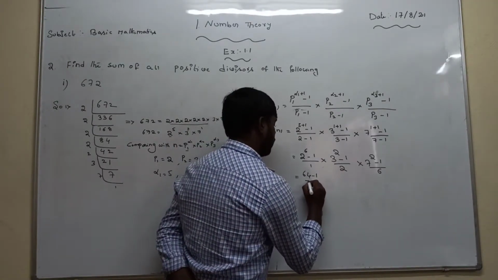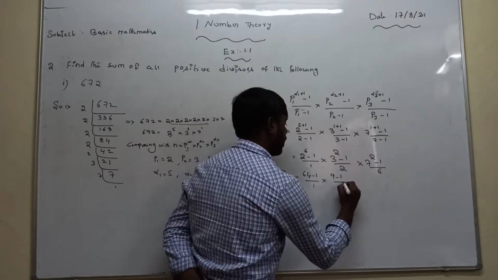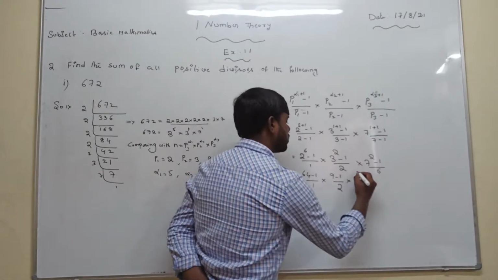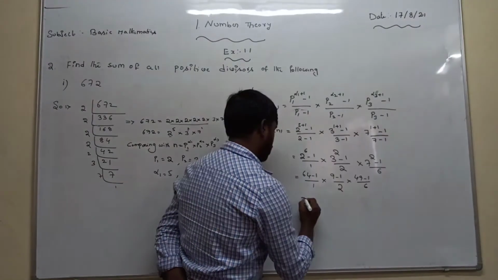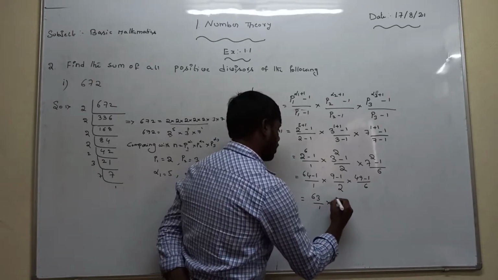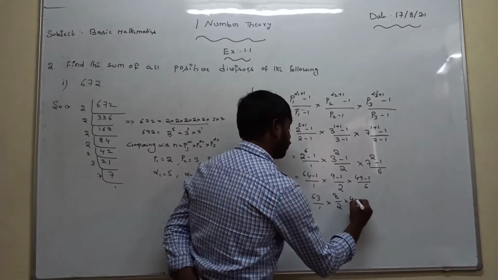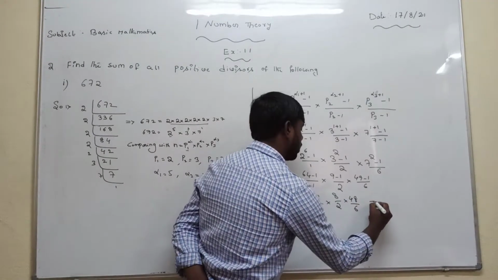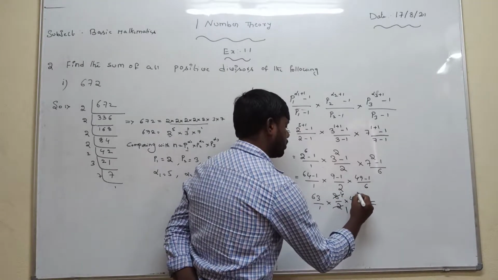64 minus 1, divided by 1, into 3 square value is 9 minus 1 by 2, into 7 square value is 49 minus 1 by 6. Now 64 minus 1 value is 63 by 1, into 9 minus 1 value is 8 by 2, into 49 minus 1 value is 48 by 6. Now elimination: 2 ones are 2, 2 fours are 8, 6 ones are 6, 6 eights are 48.